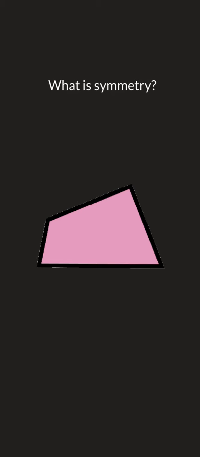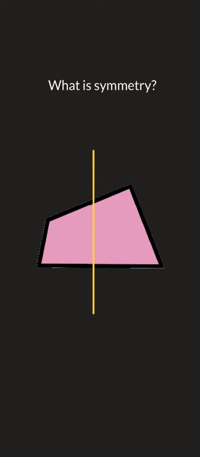If I halved this shape, you can see that each part is not exactly the same. This bit goes up much further than this bit. This part comes out longer than this part. So this is not a line of symmetry. A line of symmetry shows where two parts are exactly the same.